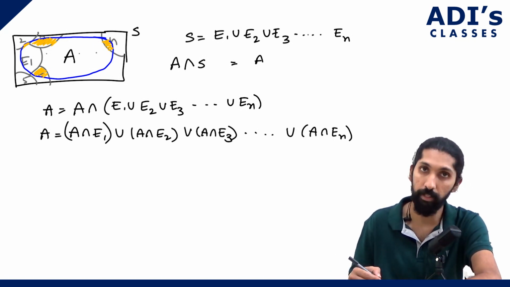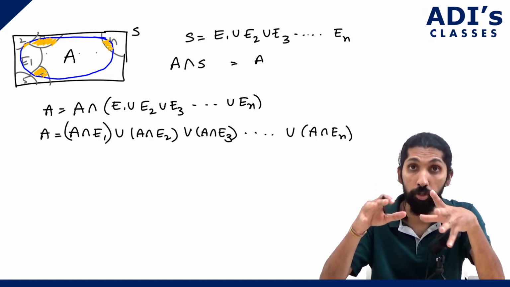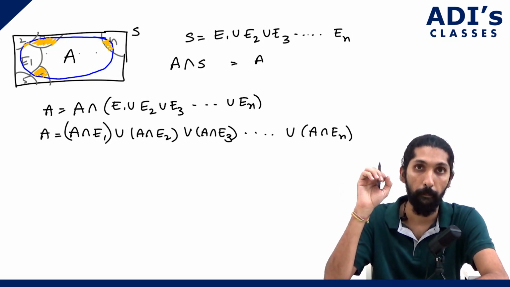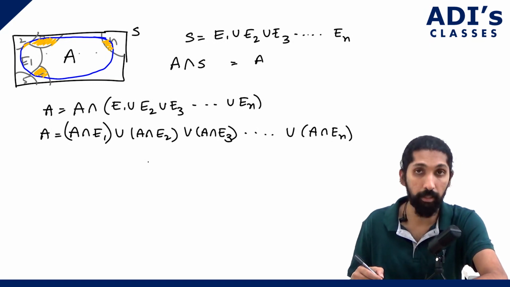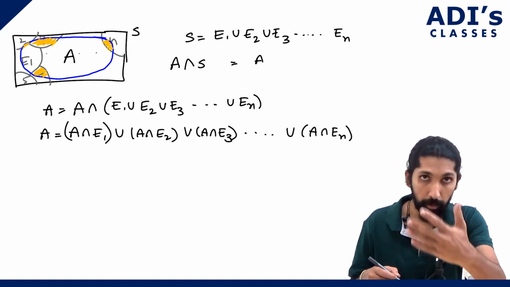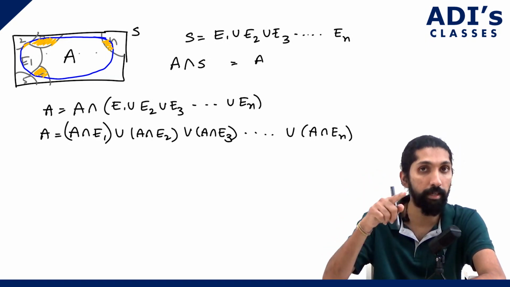till union A intersection En. Makes sense? Very simple. Now remember, E1, E2, E3, all of them are disjoint sets, correct? If they are disjoint sets, then when we take the probability, instead of the union, we can take plus, because they are disjoint sets.